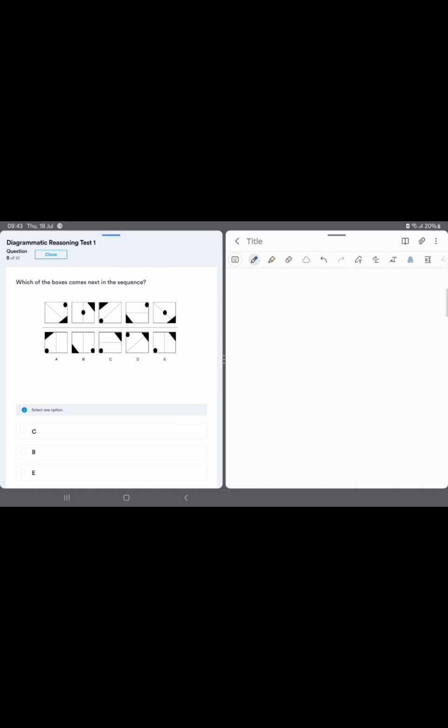Then in our options, the diagrams that have straight lines from top to bottom are A, B, and E.